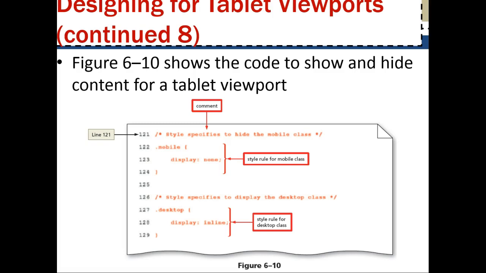Then you put the desktop on line 127, a style rule for the desktop class. Then you can save your changes. So that content will be styled based on whether it's mobile, tablet or desktop.